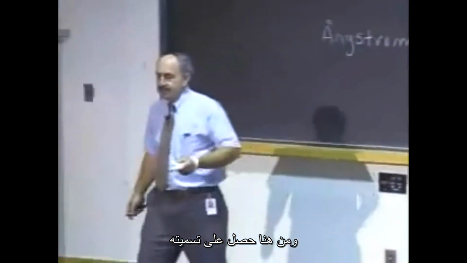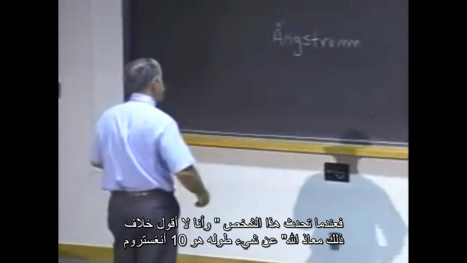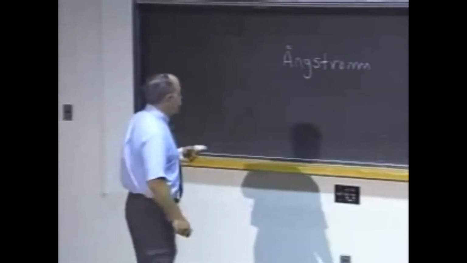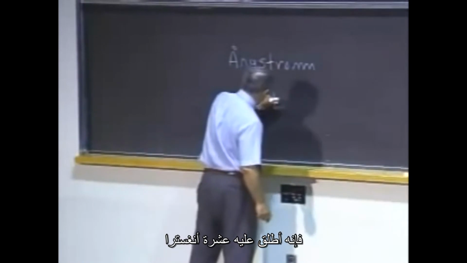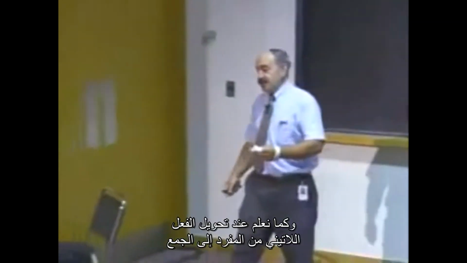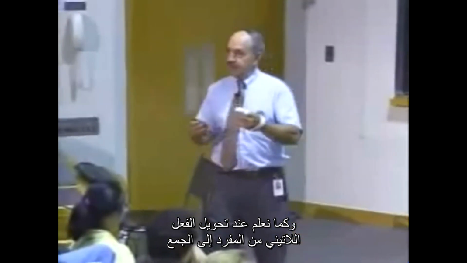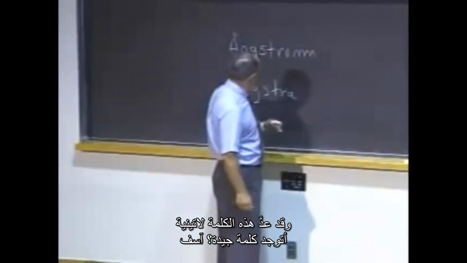That's why it got its name. So whenever this professor, whom I never corrected, God forbid, ever talked about something that was 10 angstroms long, he called these 10 angstra. Now, as you know, when you go in a Latin verb from singular to plural, it's to a, right? So he pretended this was a Latin word.